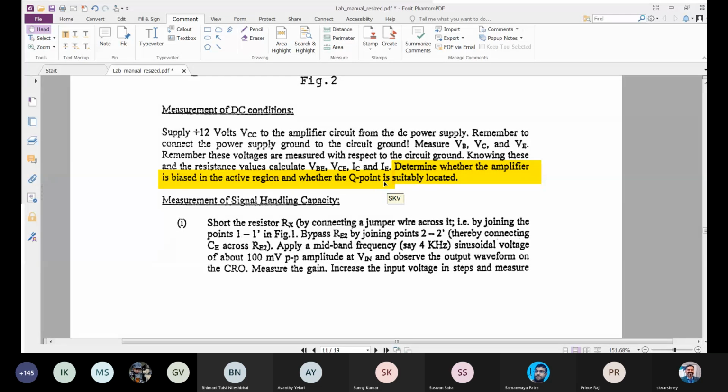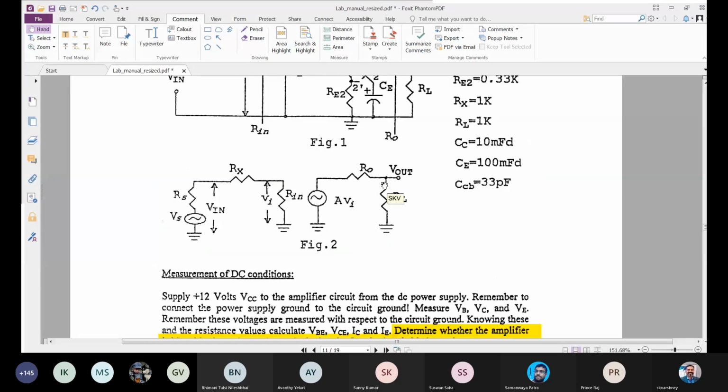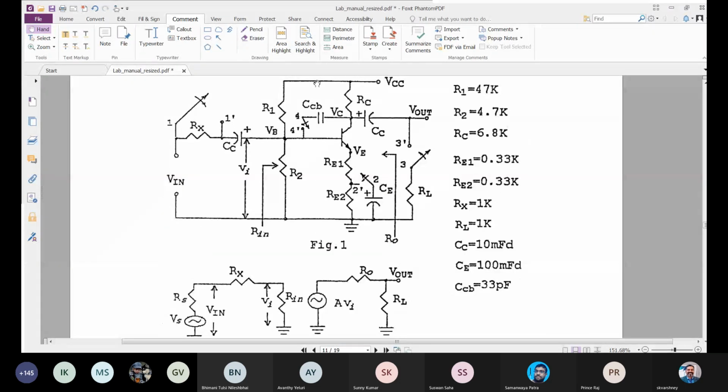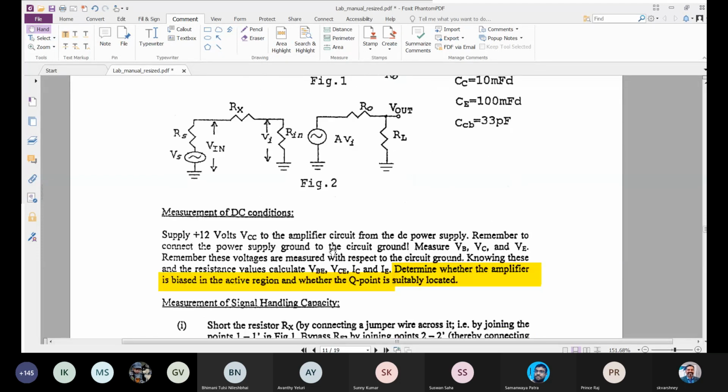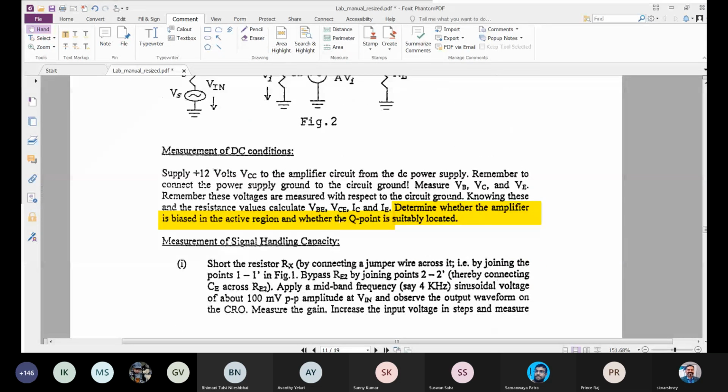Once it is done, it means the circuit used for this BJT, with R1, R2, RE1, RE2, and RC, gives you whether the Q point is suitably located.